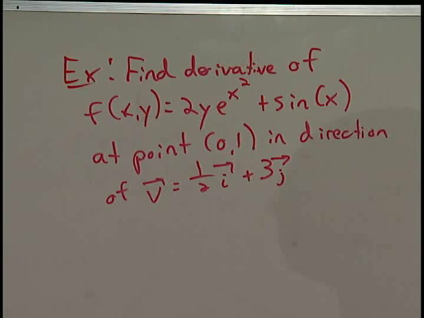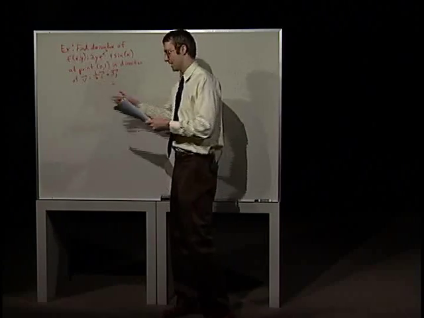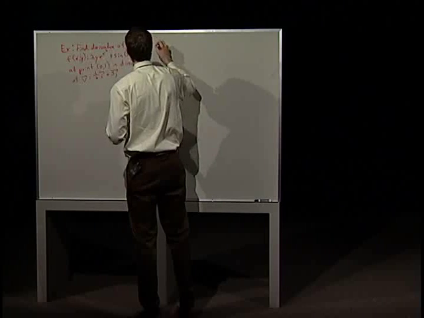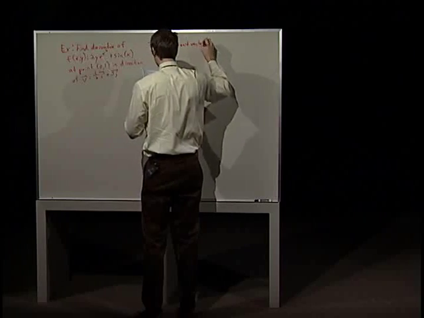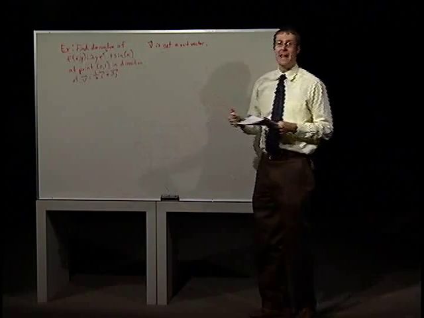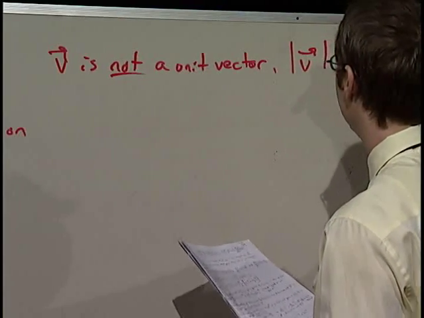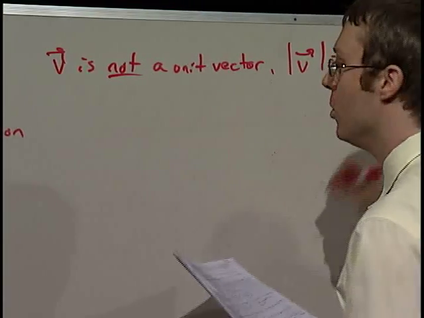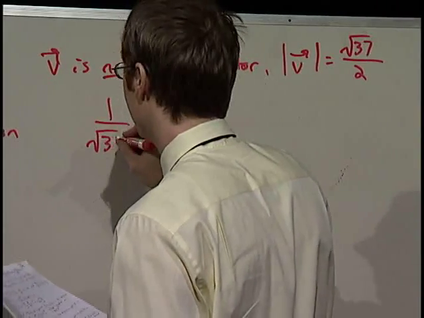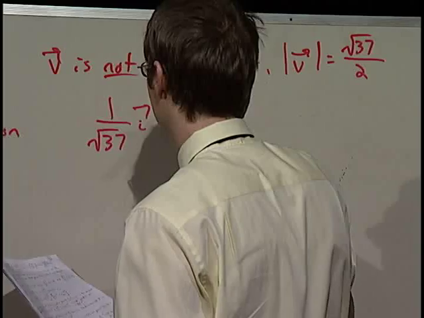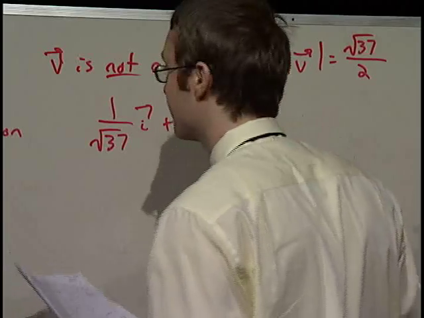First issue here. Remember that directional derivatives are written in terms of a gradient dot a unit vector. Well, v is not a unit vector. But if we normalize by its length, we can get a unit vector, the direction of v. The length of v is root 37 over 2, so u is 1 over root 37 i plus 6 over root 37 j.